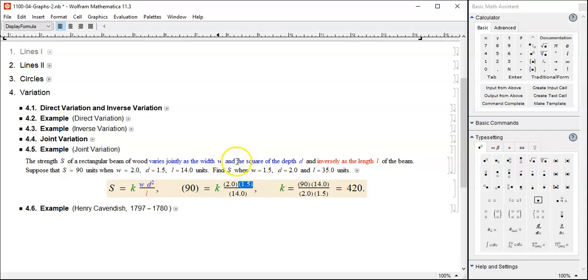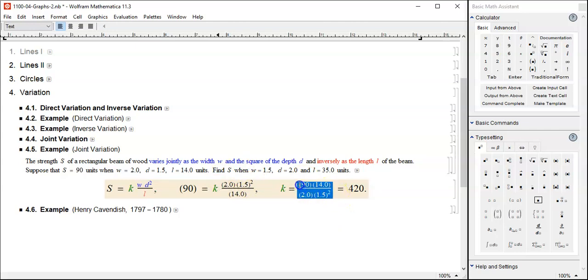Remember, varies jointly with the square of depth D. So actually we need D squared here. And I wrote it correctly here, D squared. I should have made the same change here as well. So that should be changed into 1.5 squared. So flip it over to the other side, that should be changed to 1.5 squared.